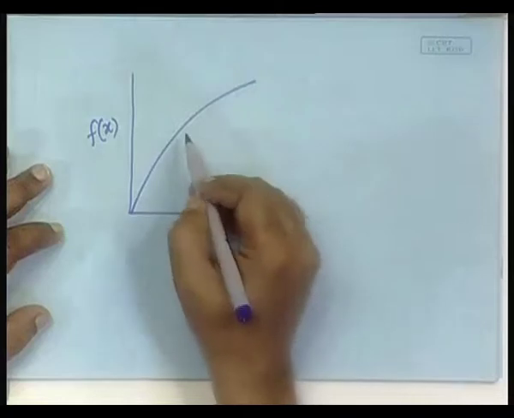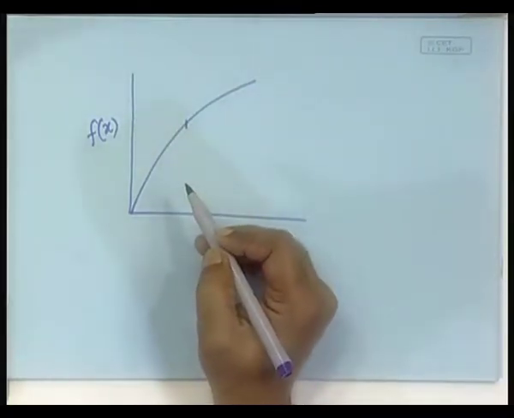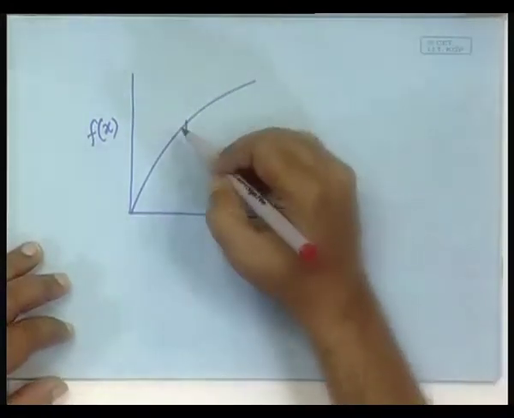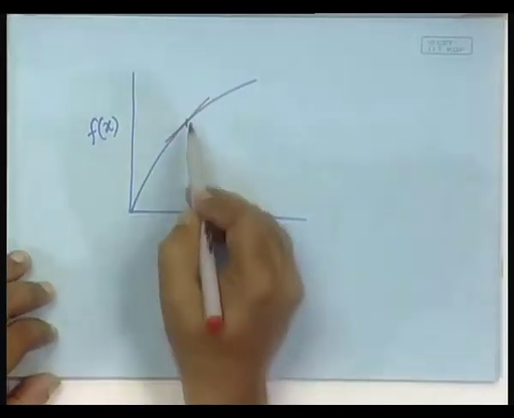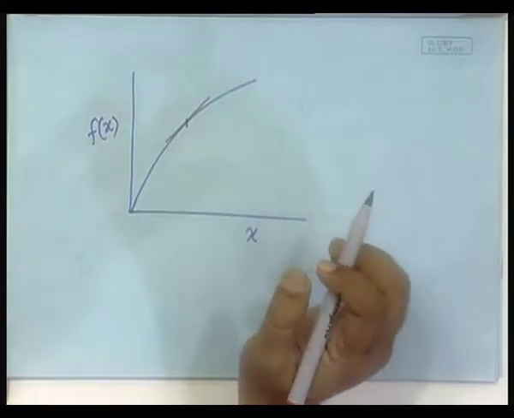Suppose I want you to linearize at this point. How do you linearize? You simply draw the tangent. So, you draw the tangent and say that this tangent represents my linear approximation around this point. That is what you say.